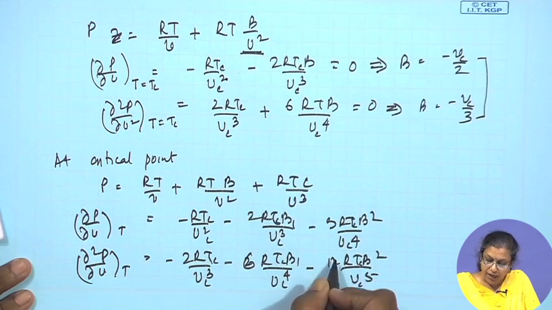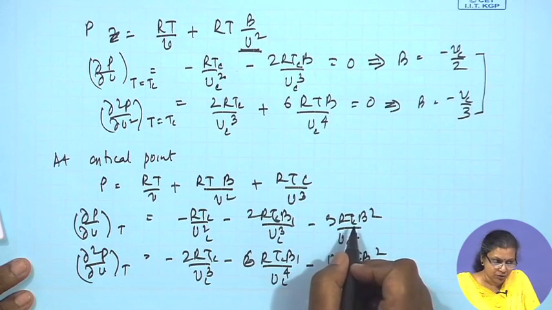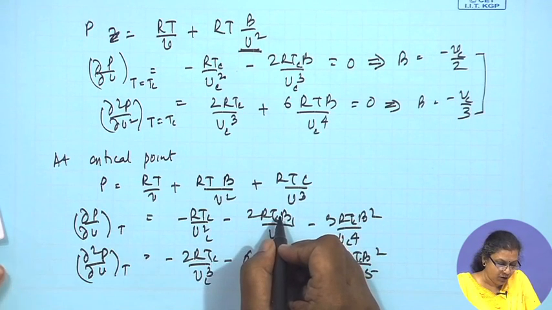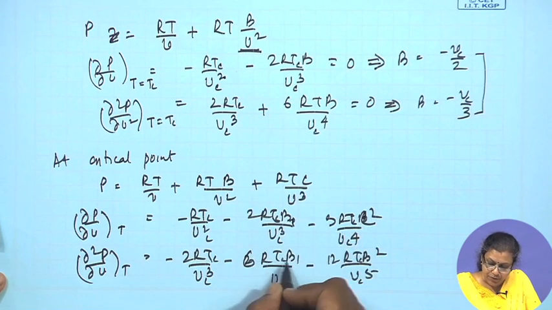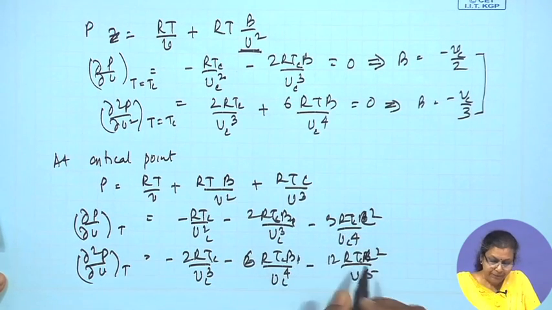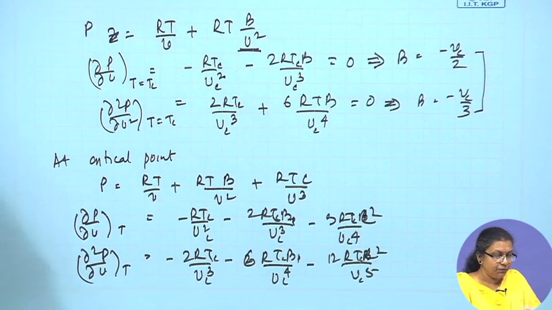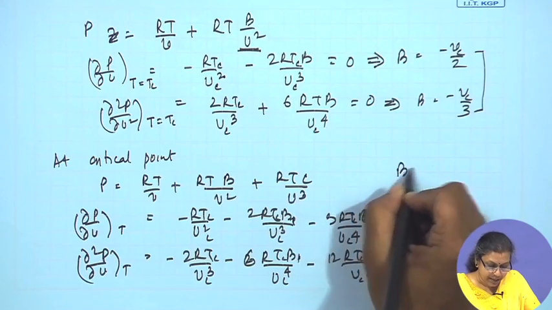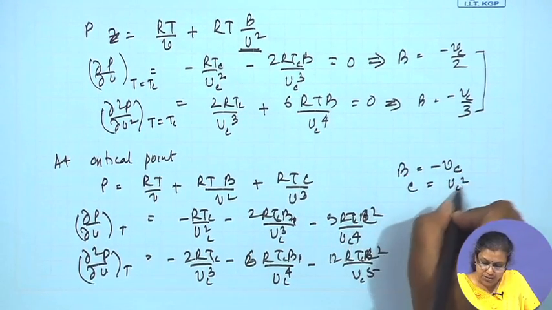And then what do I have? I have got two equations, in B and C. I had written them in the form of B and C, this is B and this is C. So from these two equations we find that we have come to the state where B equals minus Vc and C equals Vc square by 3.